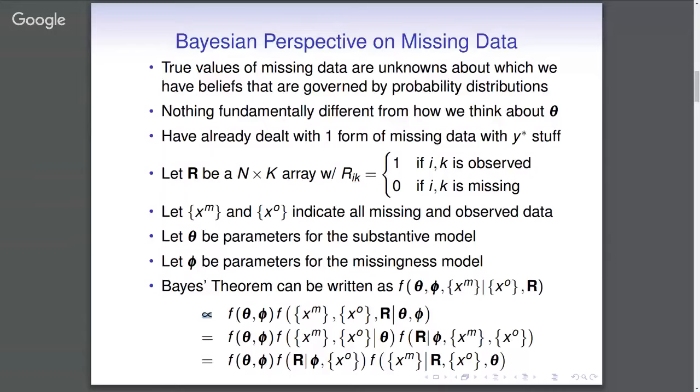And so this, in general, allows for R, which is 1 or 0, to be a function of the x's: the true values of x in the case that it's missing, and the observed values of x in the case that it is observed.